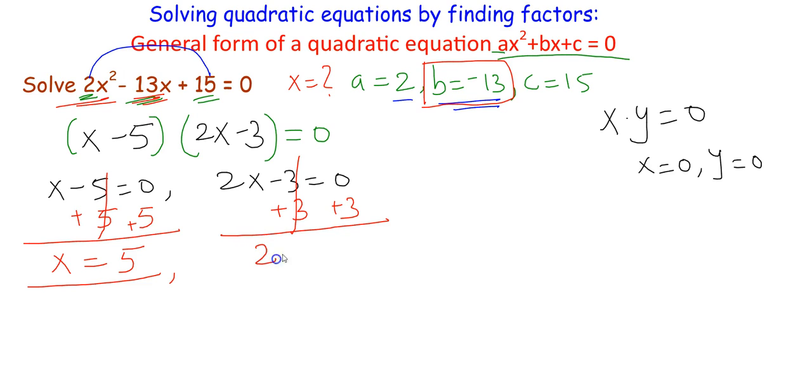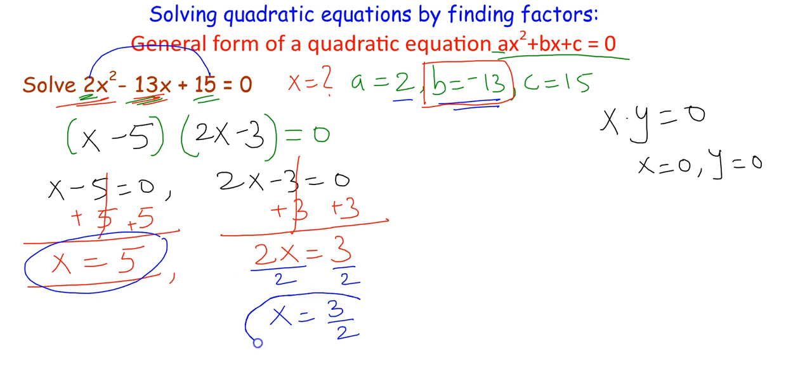You are left with 2x is equal to 3, 2 times x equal to 3. So divide by 2 on both sides. You got x is equal to 3 over 2. So this is another value of x. First value of x is equal to 5 and the second one is 3 divided by 2.